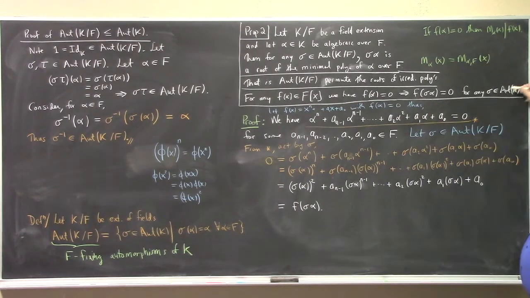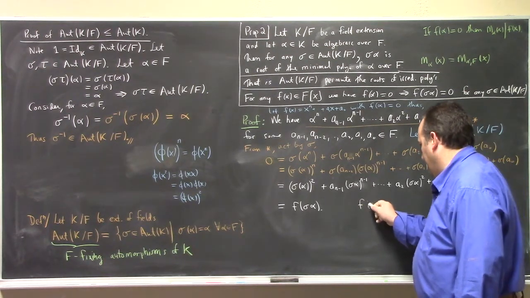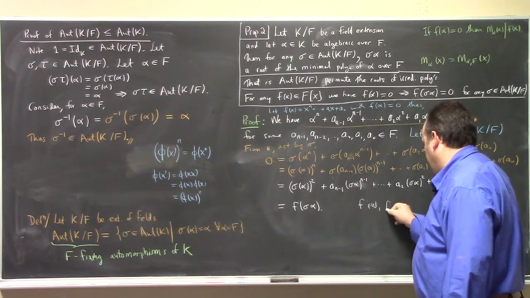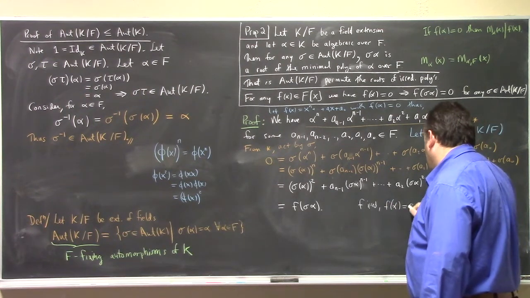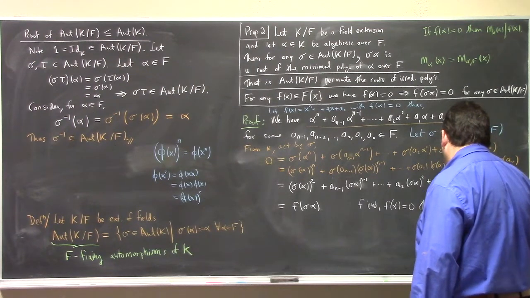So at this point, we've proved the last sentence here, that sigma permutes the roots of irreducible polynomials. I think that's immediately true from this calculation, because if f is irreducible and f of alpha is equal to 0, then f of sigma alpha is equal to 0.